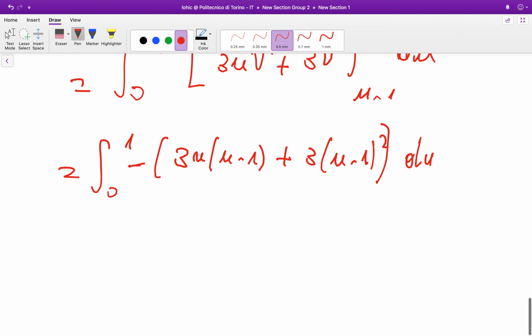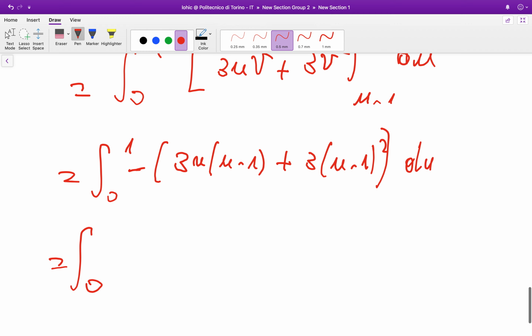In du, you expand, and it gives you the integral of minus, there will be 3u square minus 3u plus 3u square, then it will be u square minus 2u, so it will be minus 6u, right?